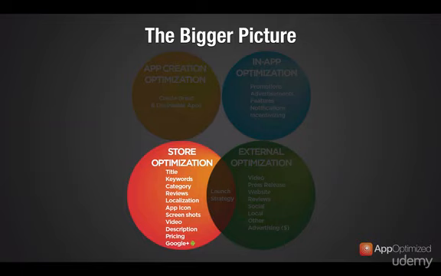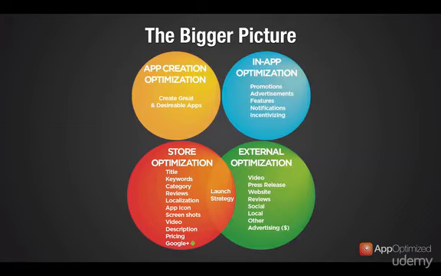I've listed most of them out here, all the important ones anyway, which is the title, the keywords, category, reviews, localization, the app icon, screenshots, video, description, pricing, and on the Android side, you can see the little Android logo. Google Plus has a big influence on your ranking in the Google Play Store.